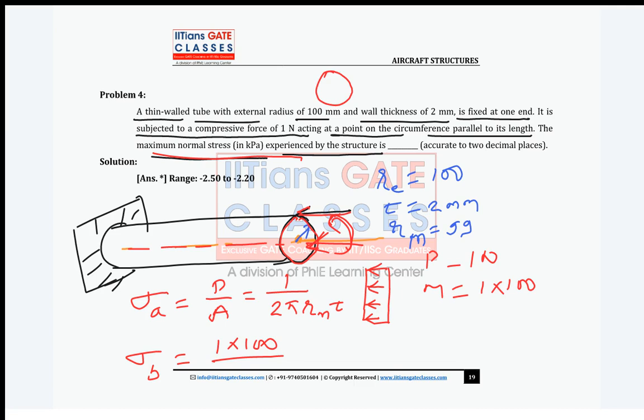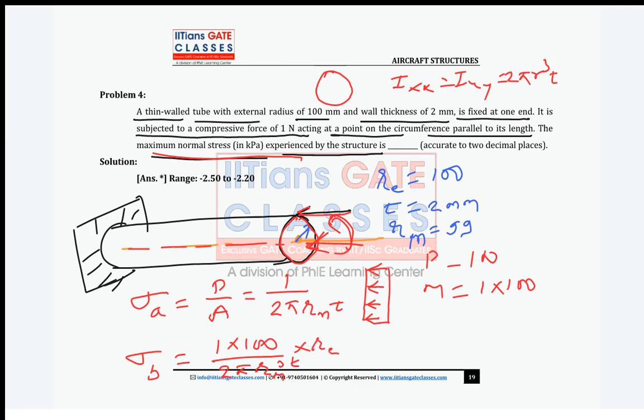So for thin walled, Ixx equal to Iyy, and it will be 2 pi r cube t. That is for ring, 2 pi r cube t. So it is 2 pi, r mean cube into t. And what is the y? Y is your r external.